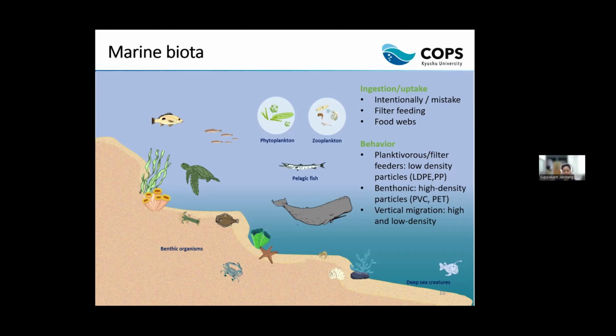And for the benthic, of course, if the polymer is denser, it will drop down and accumulate in the sediment area. So that can give you some idea of what you're going to do with your biota.